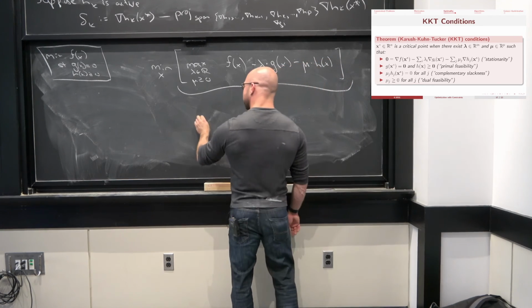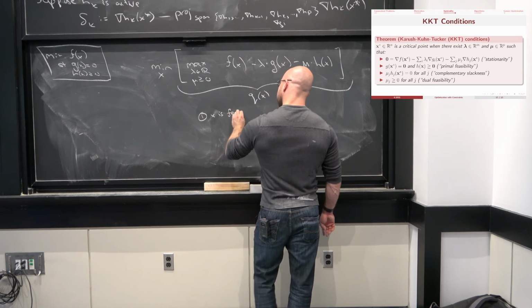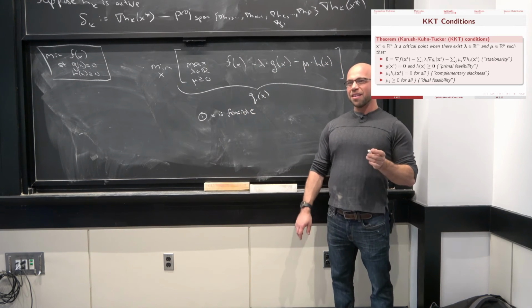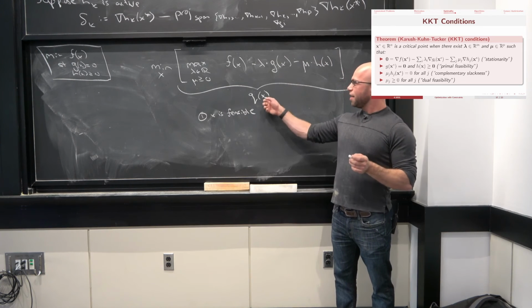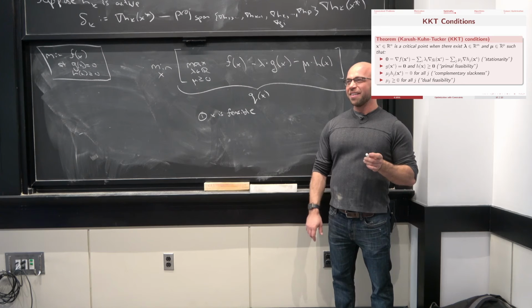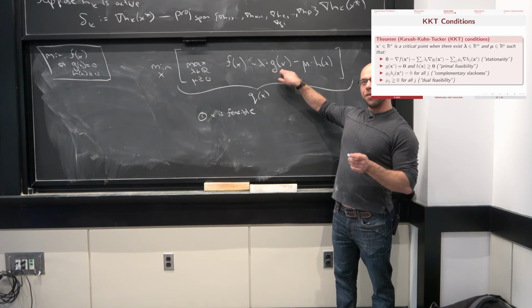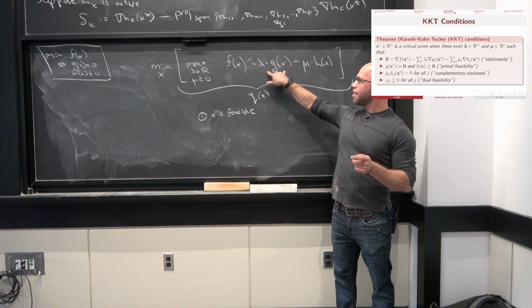Let's say that x is feasible. What is the optimal value? What is q of x in that case? So first of all, if x is feasible, what is g of x? 0. So then what does this thing do to the inner objective value?